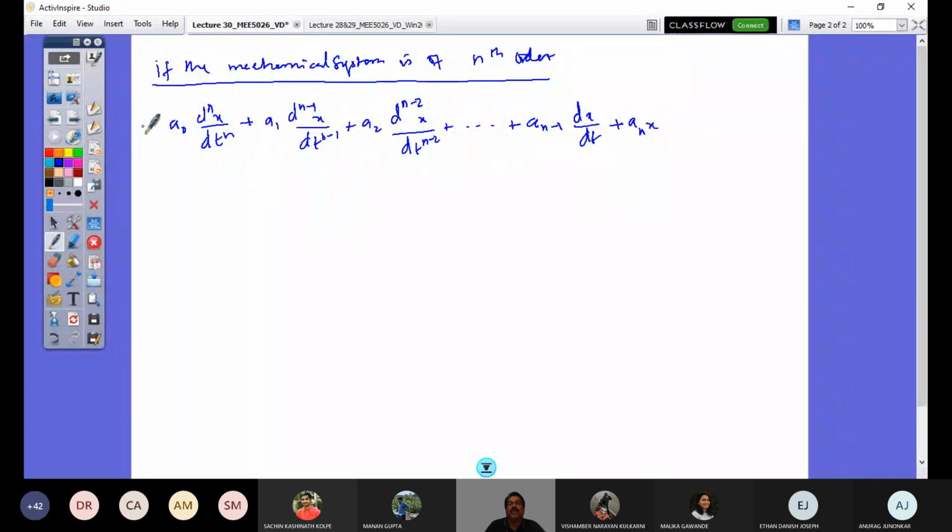So this is my nth order differential equation representing an nth order system.